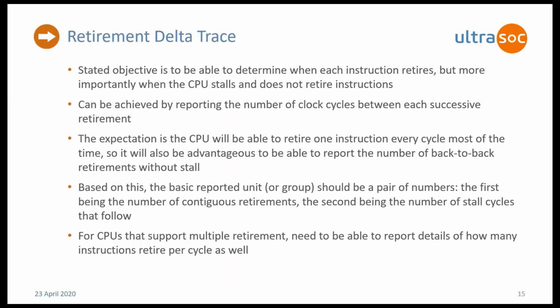The encoding for that will be more efficient. So the basic reporting unit or reporting group for the retirement trace will be two numbers: how many contiguous retirements had occurred, and then how many stall cycles followed.